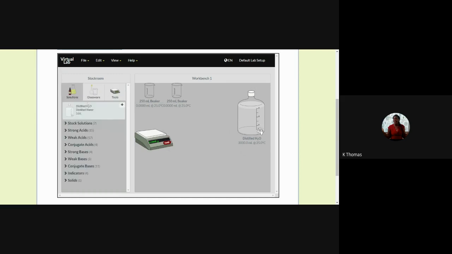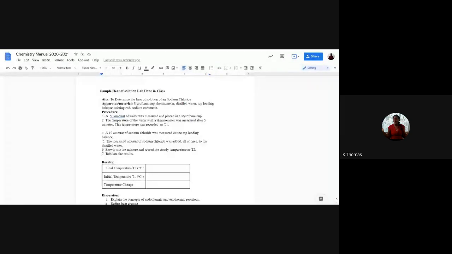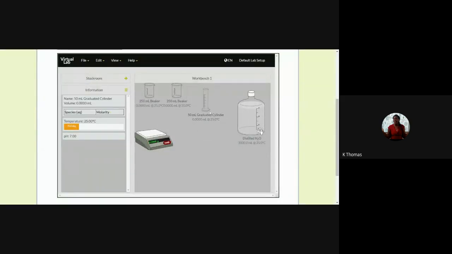I need a bigger graduated cylinder. I was saying I want to measure about 50 grams, so I'm going to change my method to 40 grams. I don't want to measure the exact maximum amount that the apparatus can hold. So you see, I'm changing it to 40. I'm measuring out 40 grams of water.